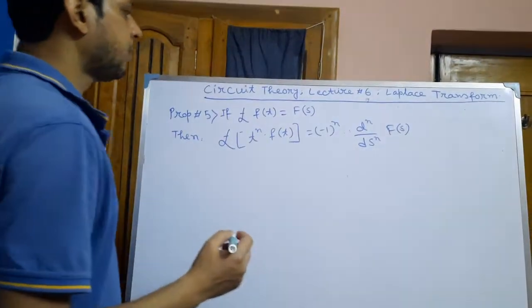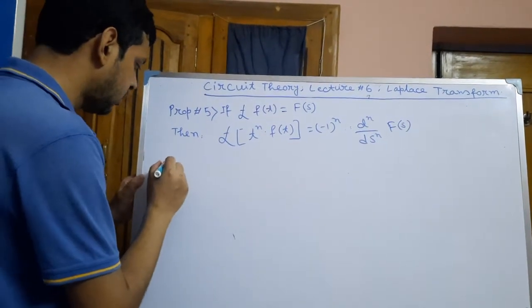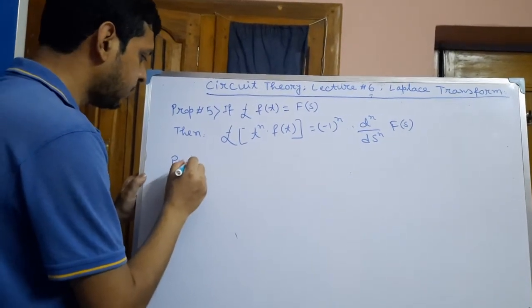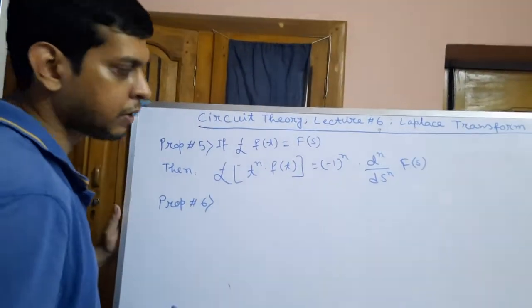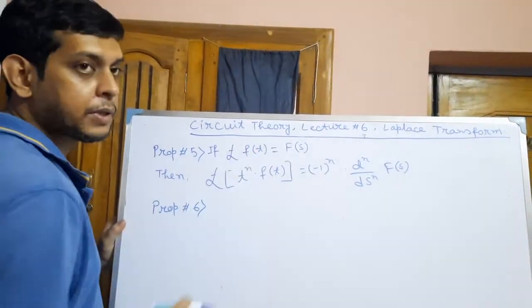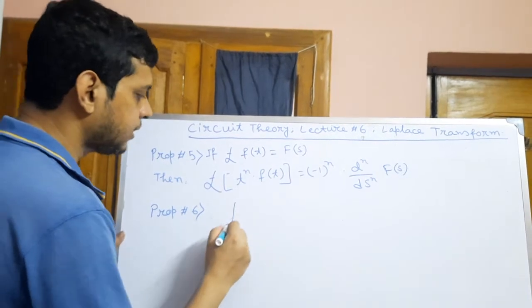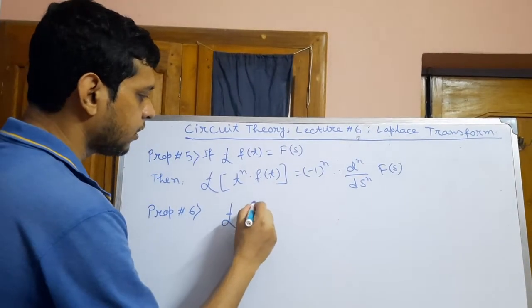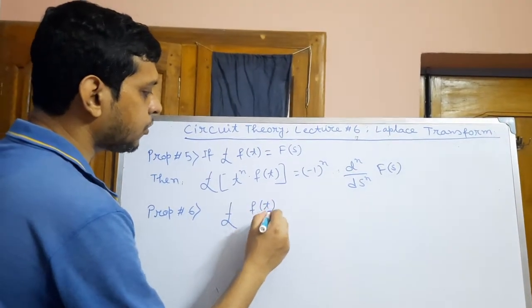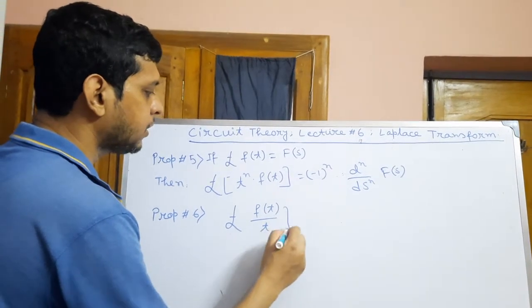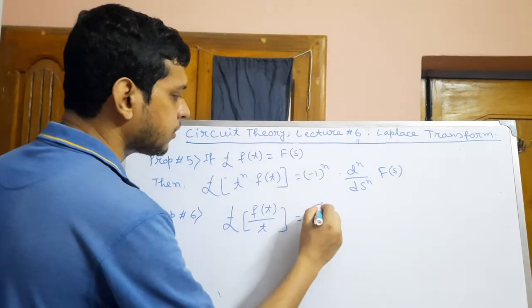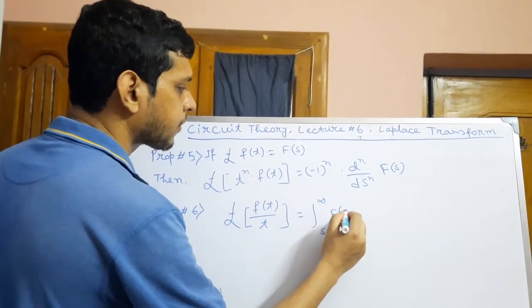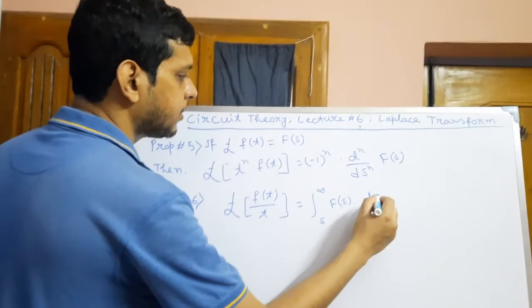Okay. Now in the very next property we have to discuss this one. If ft and fs are Laplace transform pairs, then Laplace transform of ft by t is equal to the integration from s to infinity of fs ds.